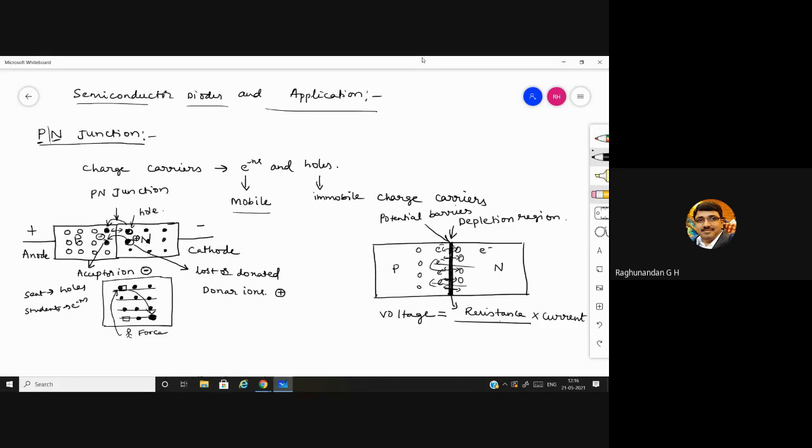Some of you might have already learnt, a silicon diode will have a 0.7 volt drop across the junction. The same way, if you are using a germanium diode, it will be offering 0.3 volt. So this 0.3 or 0.7 is the voltage which is across this particular junction.